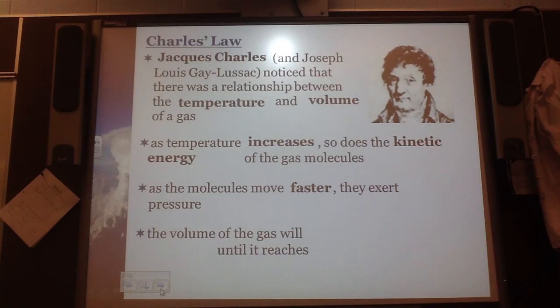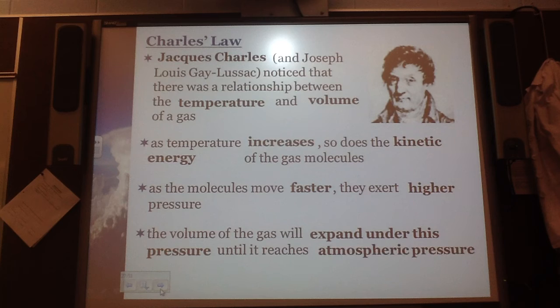You guys could write this textbook. You told me all of this before we even started the lesson. It bounces more on the container, so they exert higher pressure. The volume of the gas will expand under this pressure until it reaches atmospheric pressure.